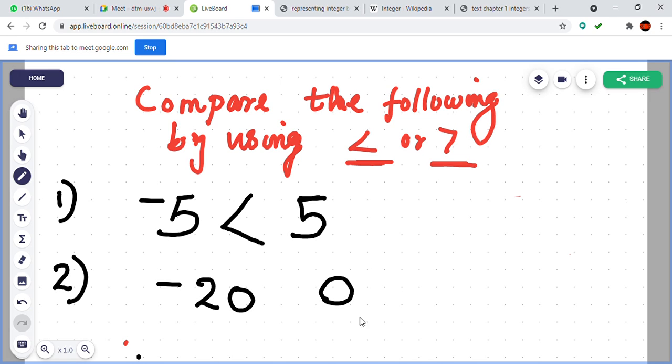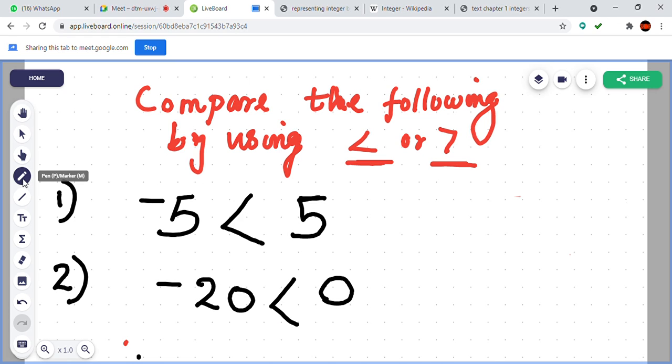Yes, miss. Which is the symbol in between? Miss, less than. Yes. Why do you have this much doubt? Which is less? -20 is less. So -20 is less than 0. The meaning is -20 is less than 0. That means 0 is bigger than -20. Okay.